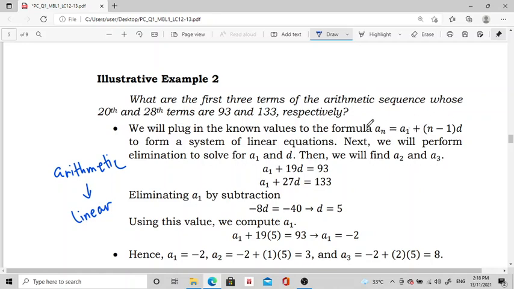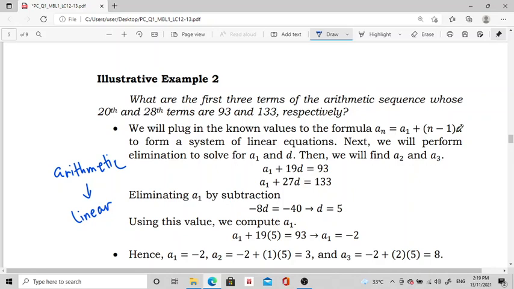Okay, so here, we know the nth term 93 corresponds to the position 20th. So 93 ay 20th. So this will be replaced by 93, while this is replaced by 20. And 20 minus 1 is 19.